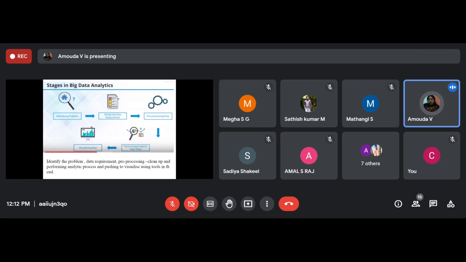Any data should be collected to solve the problem. Once you define the problem, you have to check for the data required to solve it. Once you get the data, you have to normalize it, and noise and duplication should be removed.